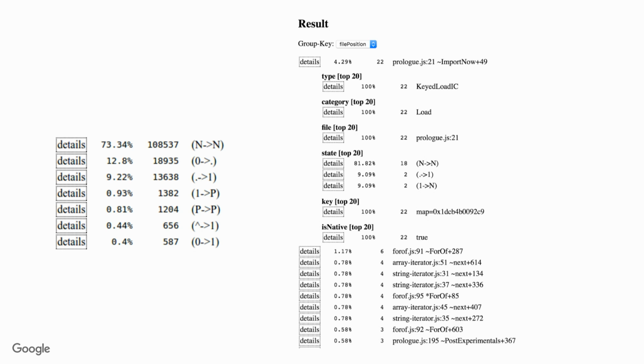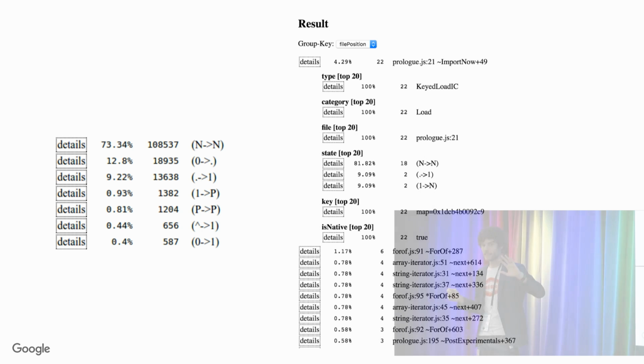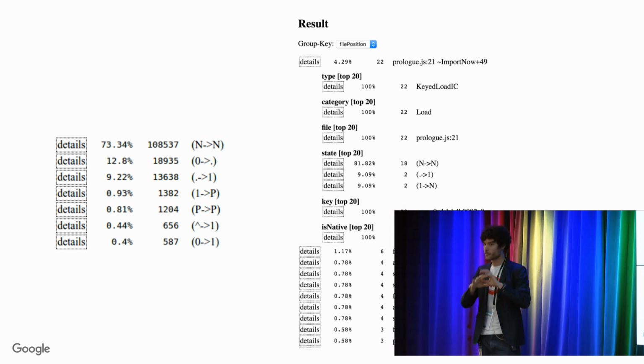That means we got on one call site many different types in, and we basically don't know what to do anymore, and we cannot use the fast paths anymore. On the right side, you can drill down to specific locations. In many cases, we can pinpoint a couple of locations in the sources where the majority of the IC misses happen. That's very easily detectable with that tool, which is a thin layer on top of the trace you saw before.